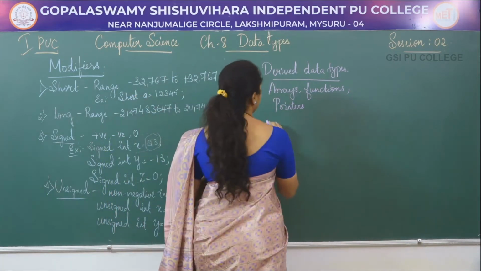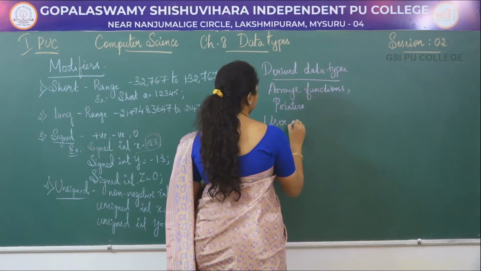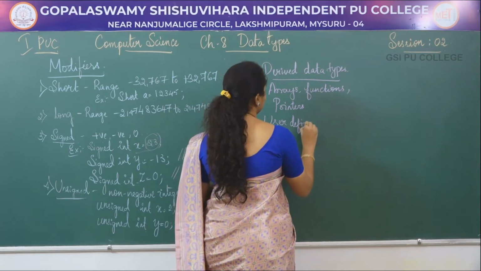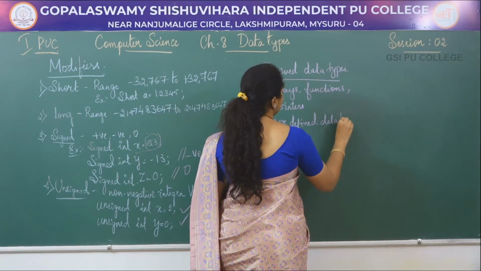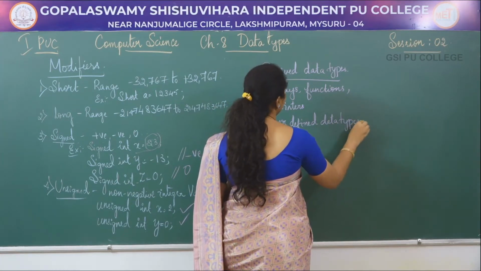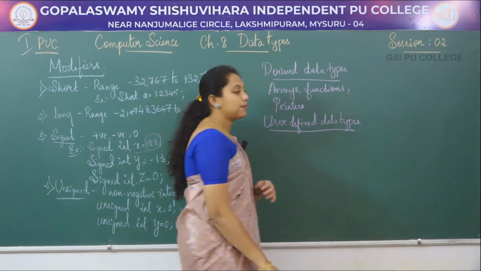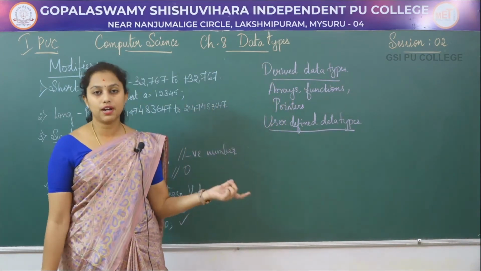The next type of data type is user defined data types. What is the meaning of user defined data types? The data types which are derived from simple data types and defined by the user are called user defined data types.